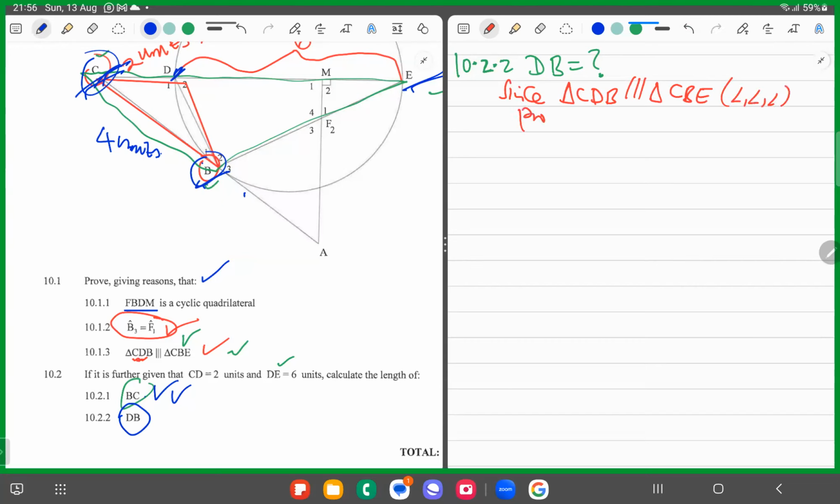And this has been proved in the other question 10.1.3 above.